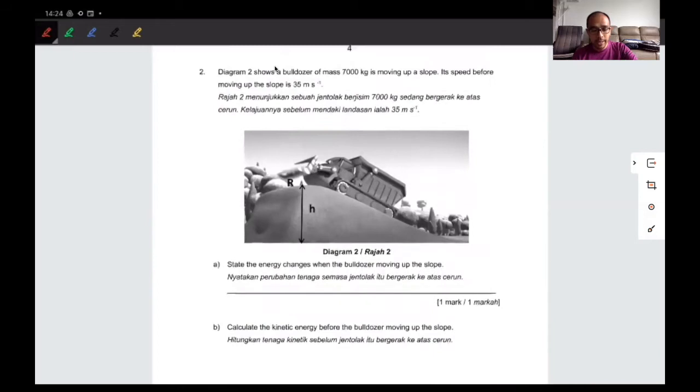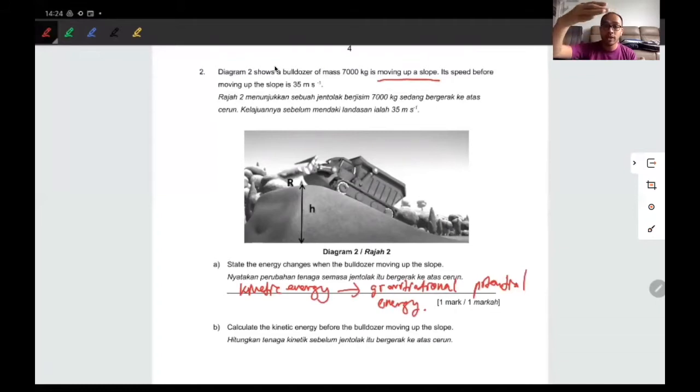In the case of this bulldozer that is moving up a slope, it is got to be kinetic energy to gravitational potential energy, because it's moving up. And once it reaches up a certain height, it gains some kind of potential energy.